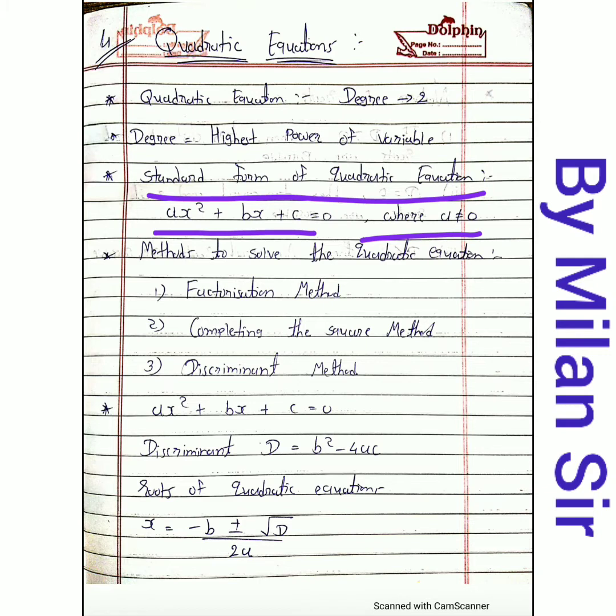Because if a is equal to 0, then this term cancels, only bx plus c remains, the degree becomes 1, and it is a linear equation. So a cannot be 0. Here the highest power of the variable x is x square, so degree is 2. That's why it is called quadratic equation.